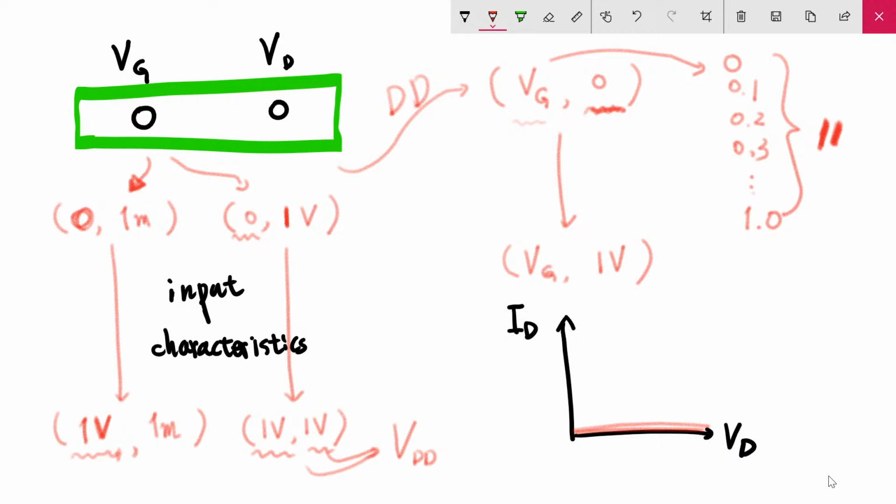Then up to 0.2, you will have almost nothing. And if you go to 0.3, then you will have a slight increase of your current. And 0.4, 0.5, yes, you will have a further increase. You will have such a kind of behavior. Of course, you will find the values.